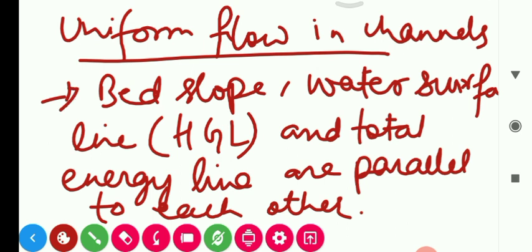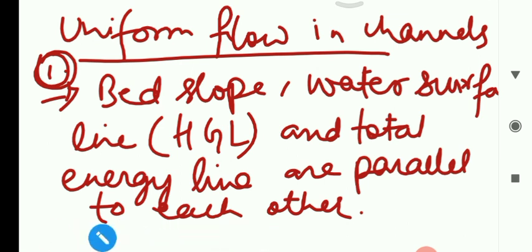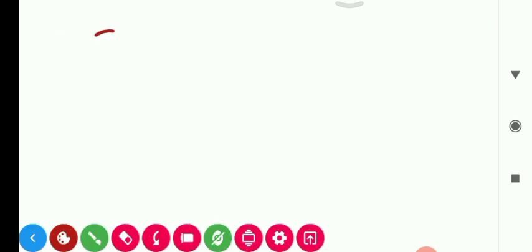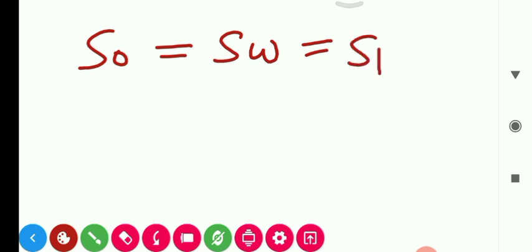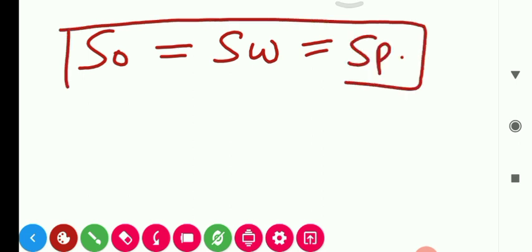Okay, so write down this point, this was point number 1, and if we write this according to the slopes, the slope of the channel bed should be equal to the slope of the water surface, which should be equal to the slope of the total energy line.